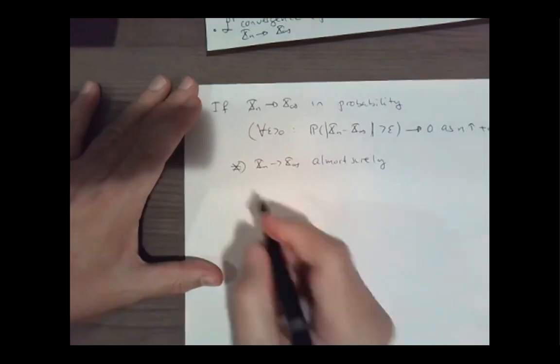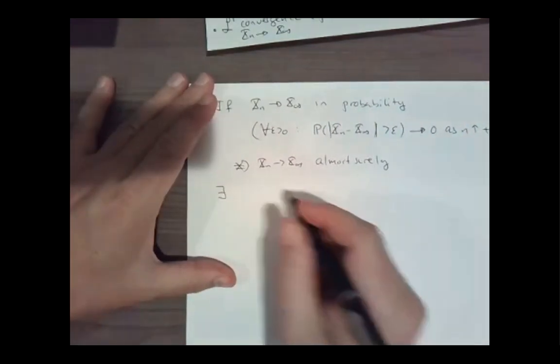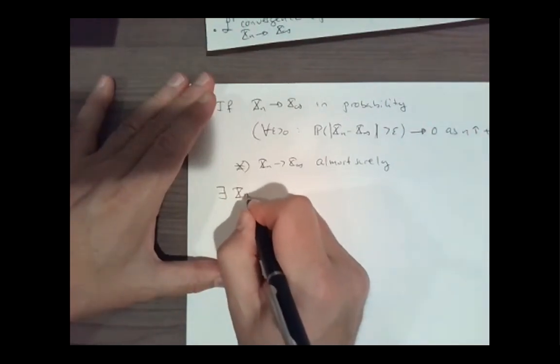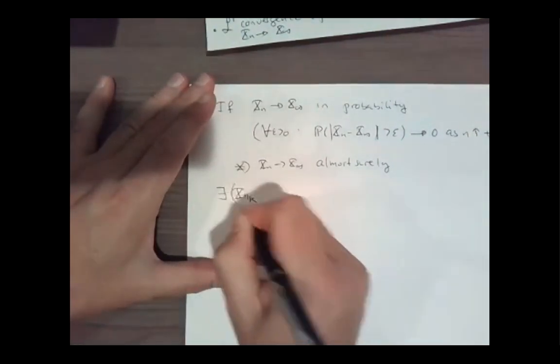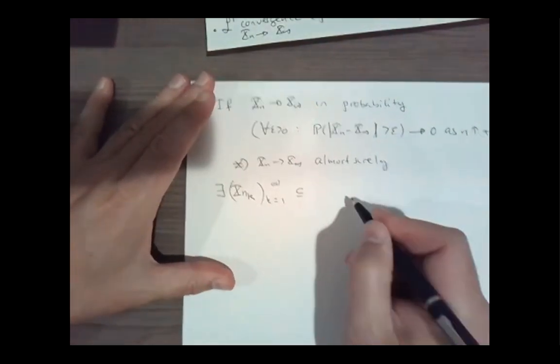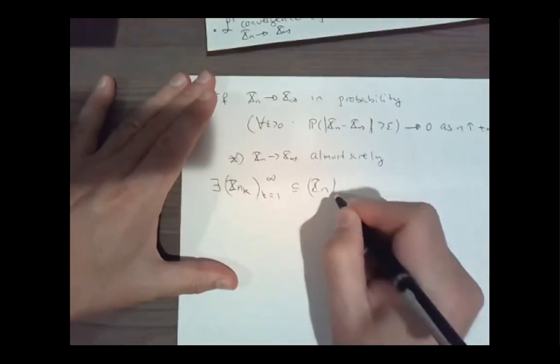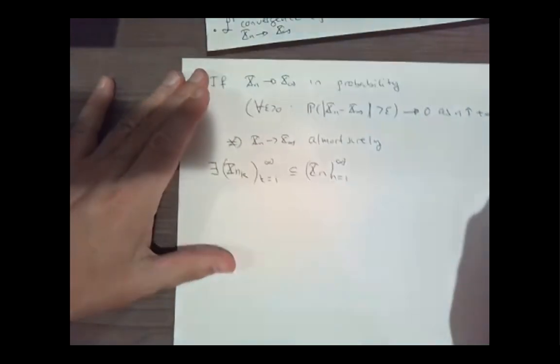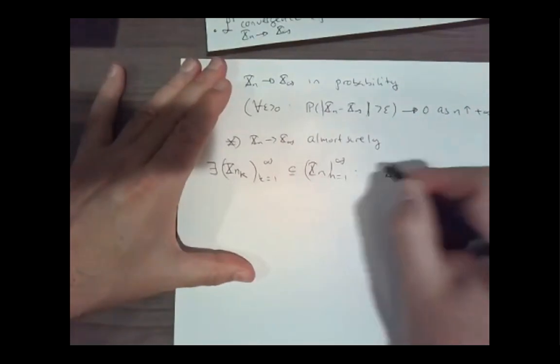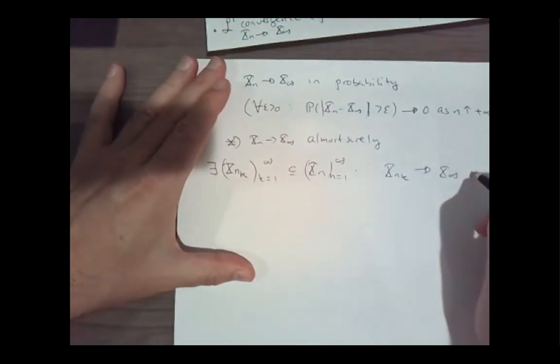The precise statement is that you can find a subsequence X_{n_k} of your X_n such that X_{n_k} goes to X_infinity almost surely.